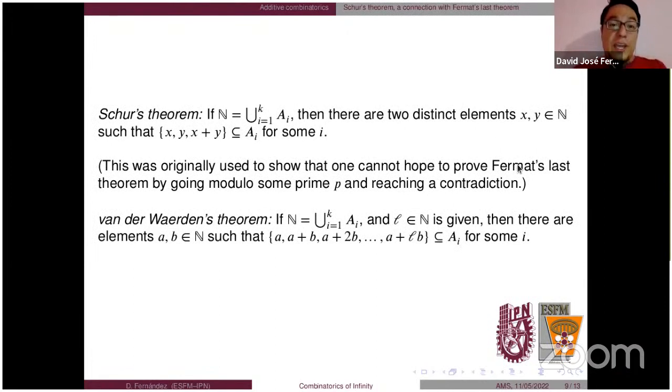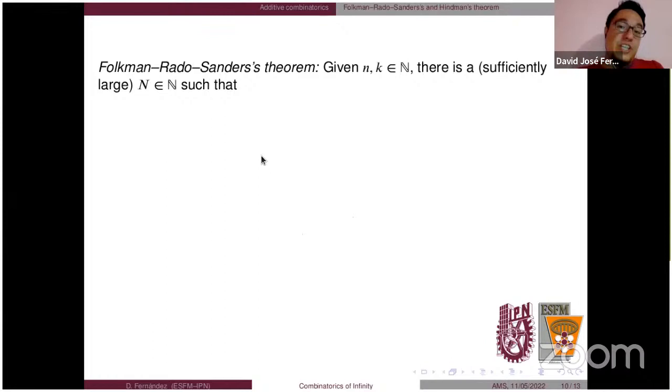Okay, so Schur's theorem, like I said, was eventually taken by people doing combinatorics and set theory and they tried to generalize it. And so this is a generalization. It's known as the Folkman-Rado-Sanders theorem, because it was proved by Folkman, Rado, and Sanders. But the interesting thing is that it was proved independently by each of these three, more or less at the same time. They just came up with it independently.